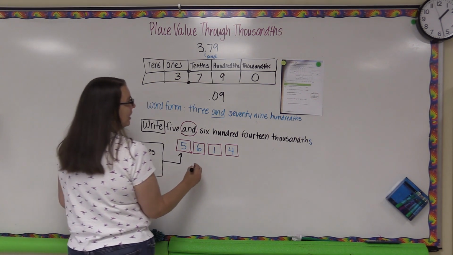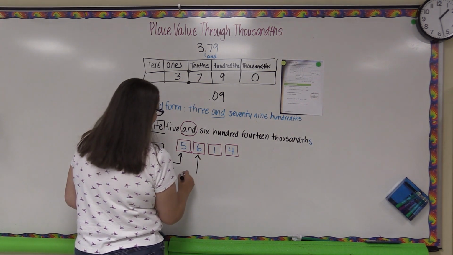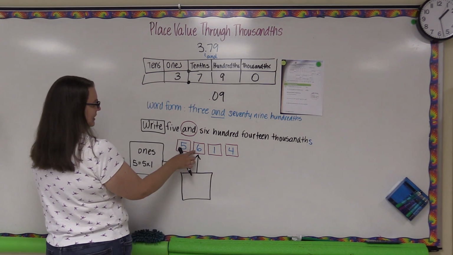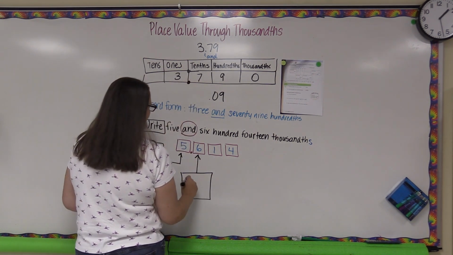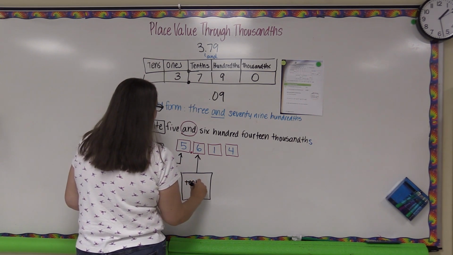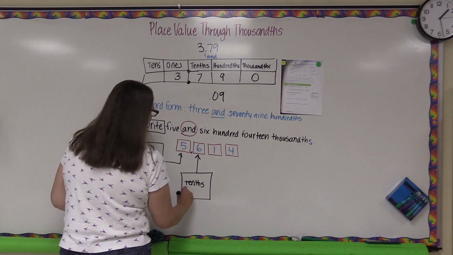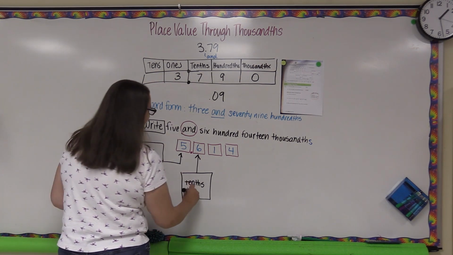Okay? On the next one, it has 6 is in the blank place. Well, here it is. Here's the 6. It's in the tenths place. So you're going to write the word tenths. If I have to show that, here's what it looks like, right? Here's a 6 tenths. This is where it gets a little tricky.